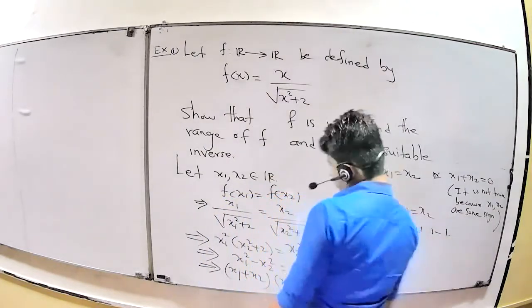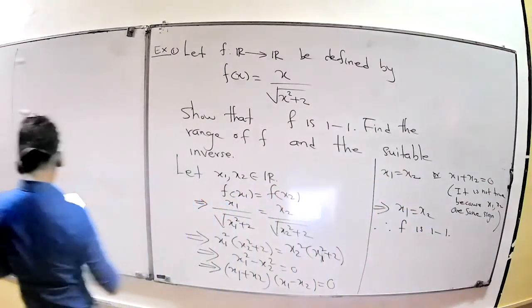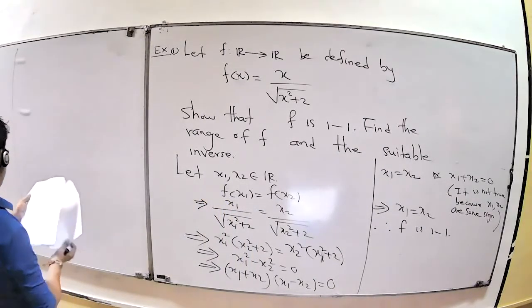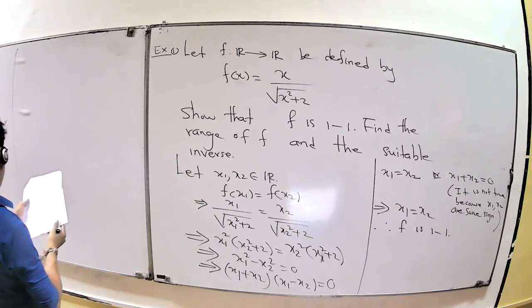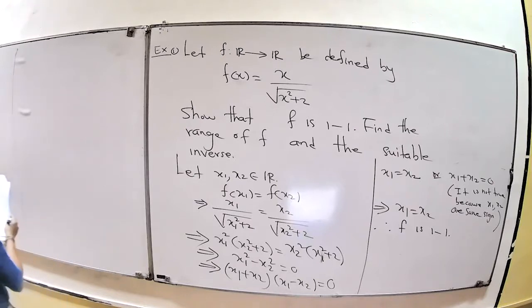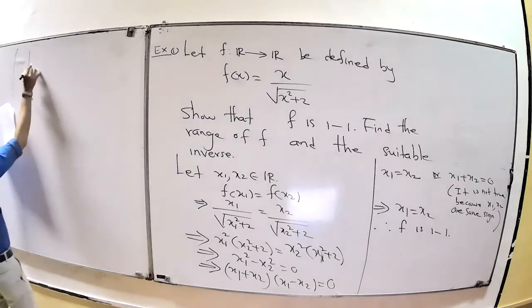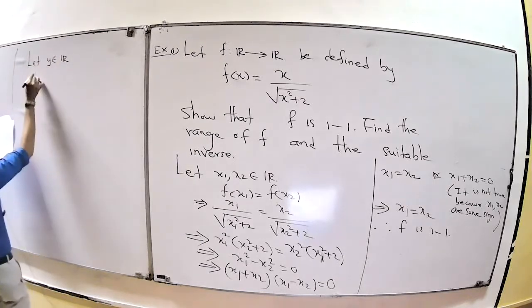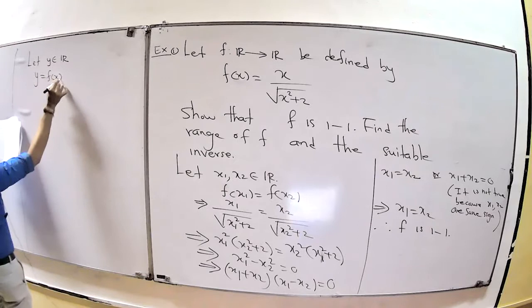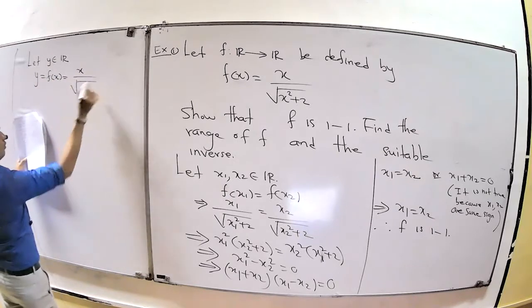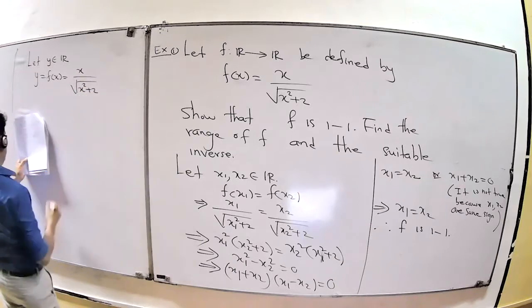Now you want to prove that for a 1 to 1 condition, it is onto, so let's find the range. Let y belong to the real numbers. You have y equals f of x, where f of x equals x over the square root of x squared plus 2.